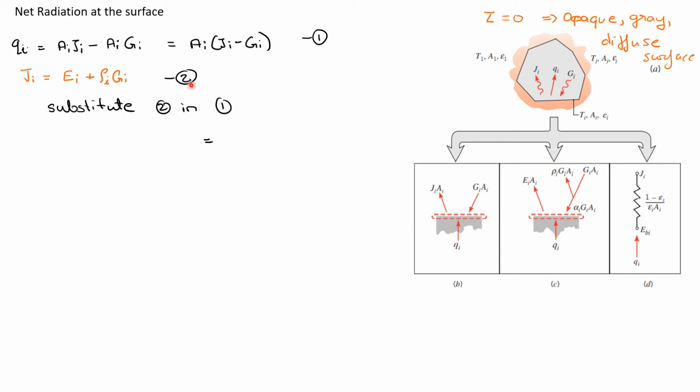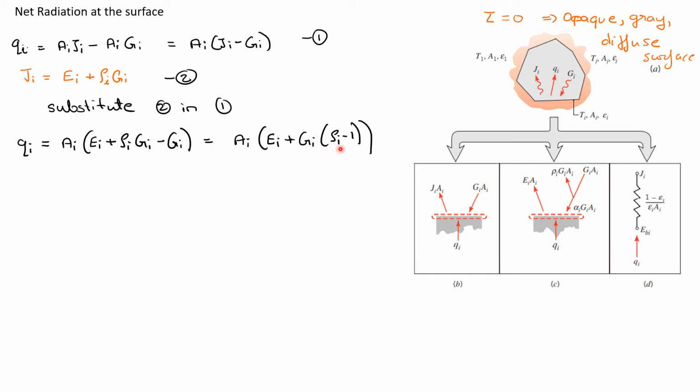So we'll substitute this equation into equation 1, and we get Qi equals Ai times, we've written Ei plus rho i Gi instead of the radiosity, minus Gi, and if we take Gi as common, we can write this equation as Ei plus Gi times (rho i minus 1).